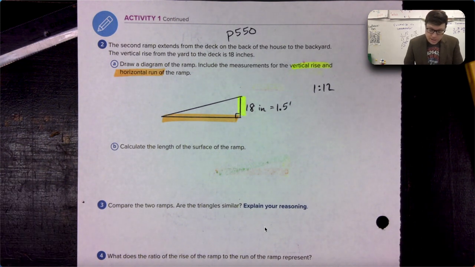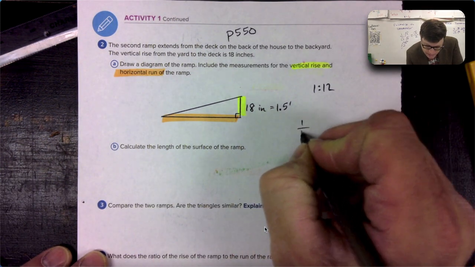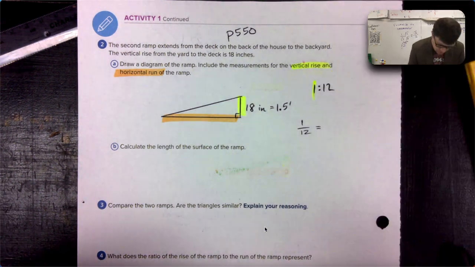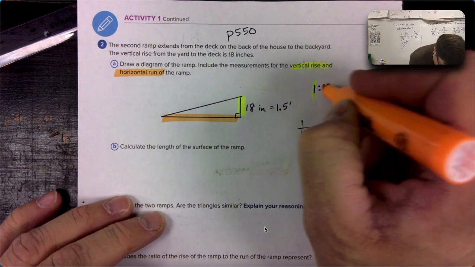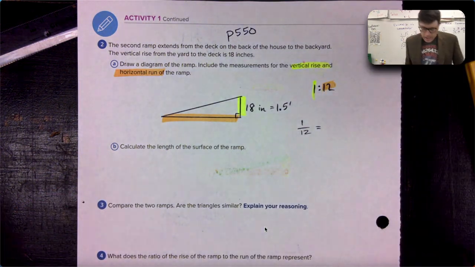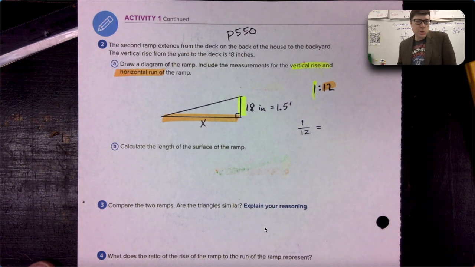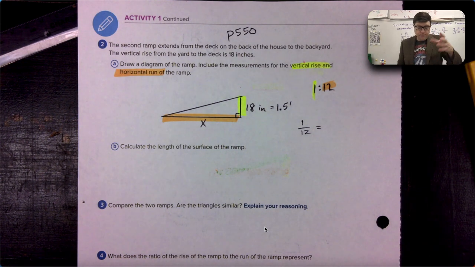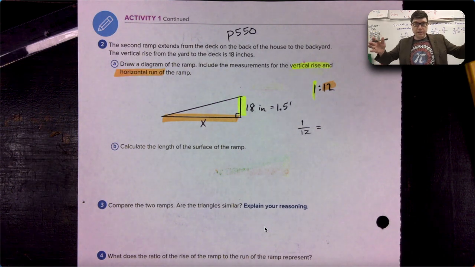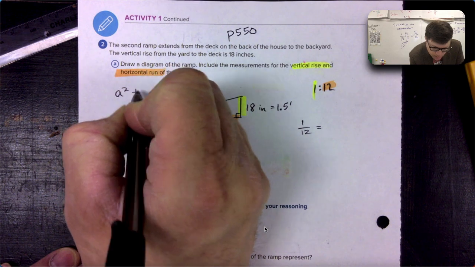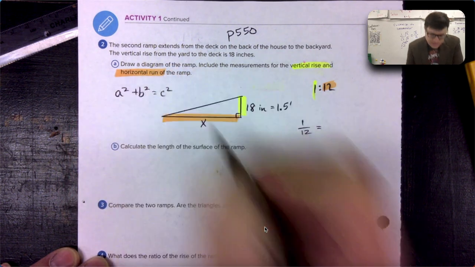So the first thing I'm going to do is take 1 to 12, which is rise and run, slope, and I'm going to use the proportions, solving a proportion, to figure out what the length of our horizontal run of the ramp is. And then after I know that, then I'll use the Pythagorean theorem. A squared plus b squared equals c squared.